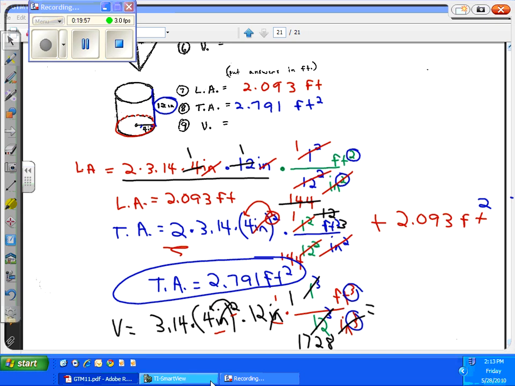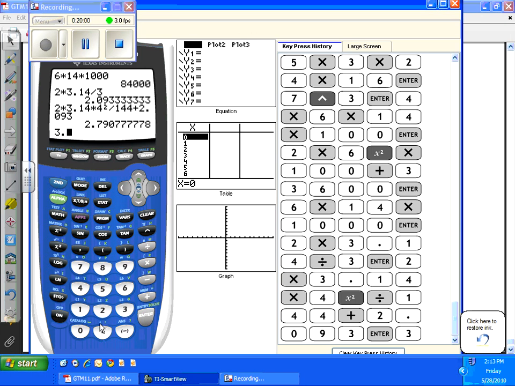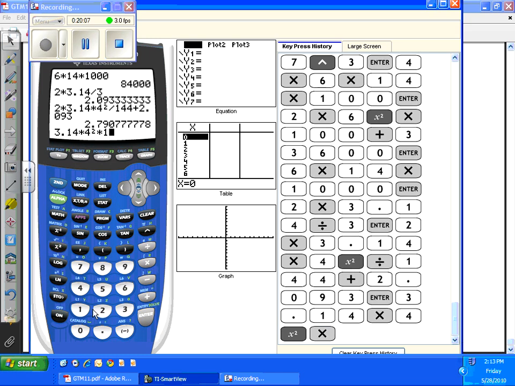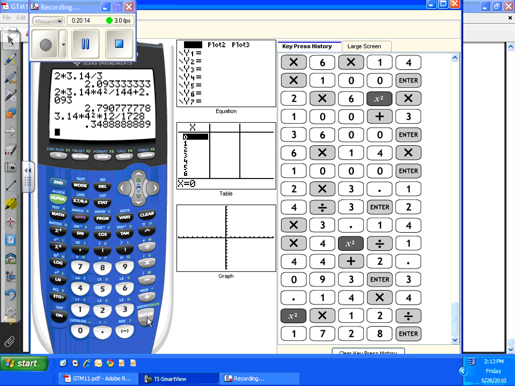Pi times 4 squared times 12 divided by 1728 is 0.348 repeating.